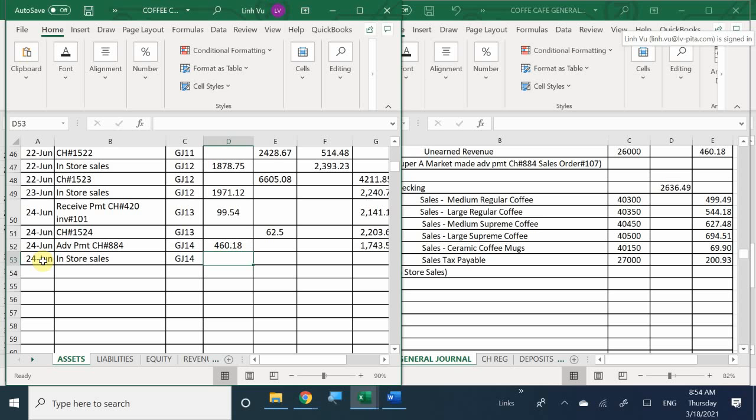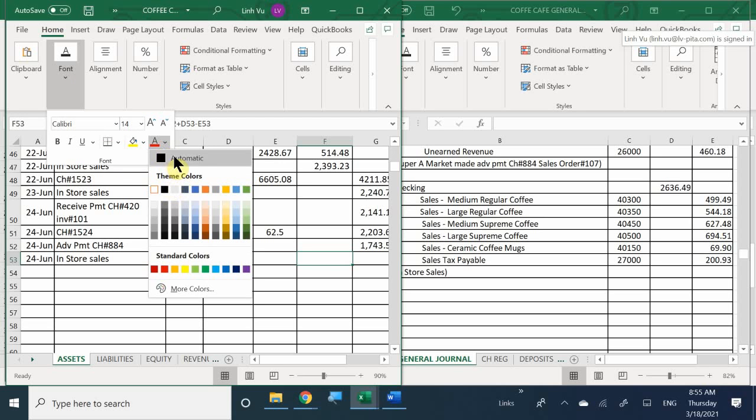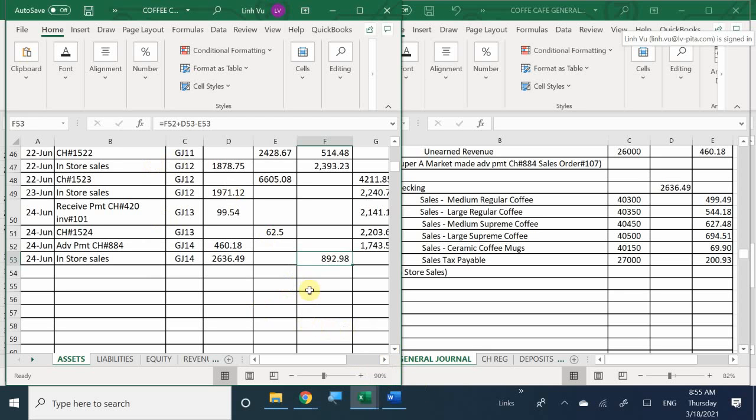How much money did we get? $2,636.49. So therefore, how much money should we now have in the bank? $892.98, should be on the debit side.